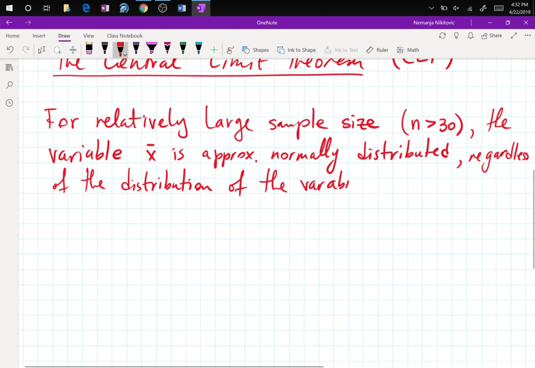The approximation becomes better with a larger sample size.